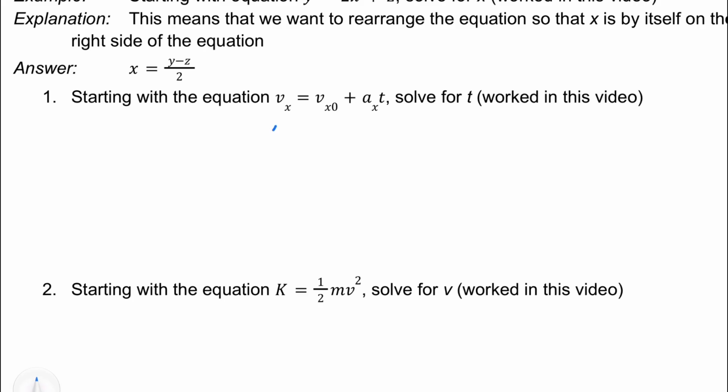So we've got this v sub x right here, and that stands for velocity in our horizontal direction. And then we have another v sub x right here, but it's v sub x with a 0 next to it. And we read this as v sub x naught. And this is our initial horizontal velocity, meaning our initial velocity in the horizontal direction.